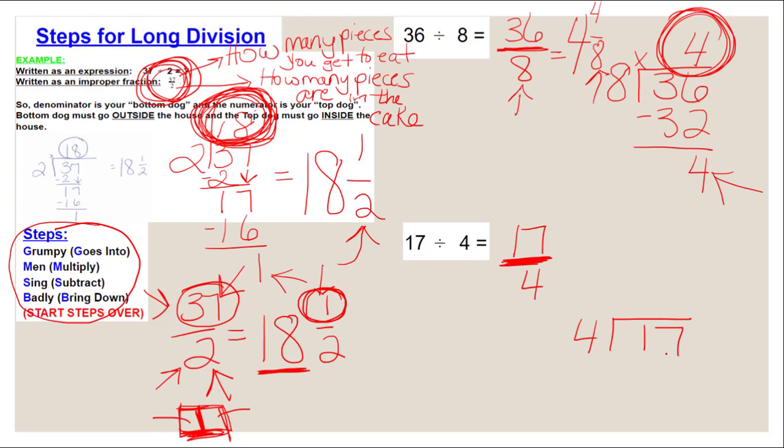So how many times can 4 go into 17? 4 times. The 4 must sit over the 17, so it shows that you've gone into the full 17. Multiply. 4 times 4, 16. Subtract. Bring down. Nothing to bring down, so we're going to circle our wholes.